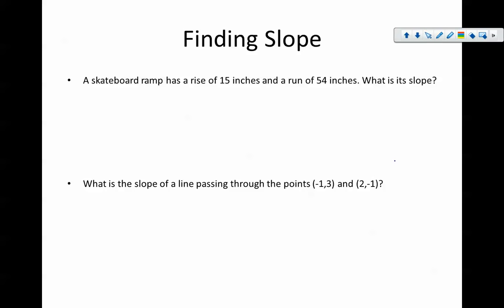A skateboard ramp has a rise of 15 and a run of 54. What is its slope? Well, it's 15 over 54, because it's the vertical change divided by the horizontal change. We should check to see if this can be reduced at all.